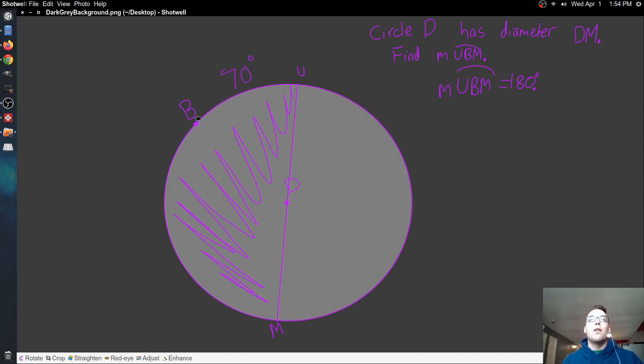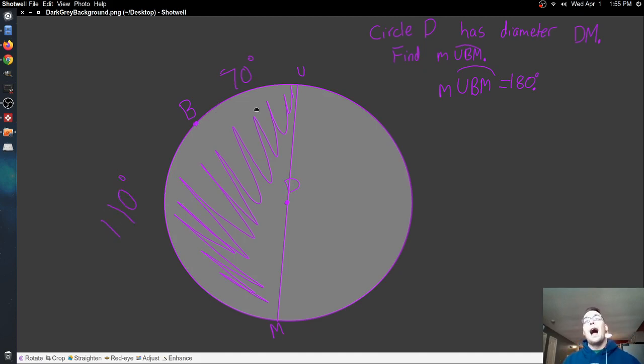Find me the measure of arc BM. Once I have that, I'm able to go, well, I know that this whole thing here, MBU or UBM, that arc has to be 180 degrees. So if BU is 70, BM has to be 110 degrees.